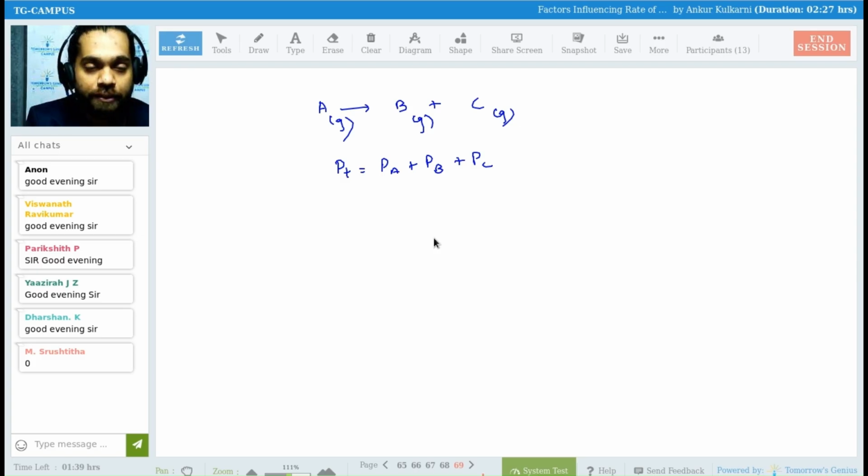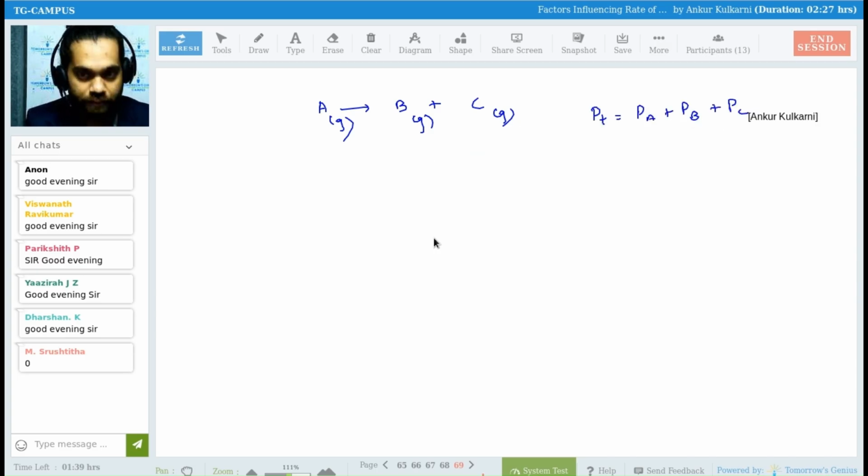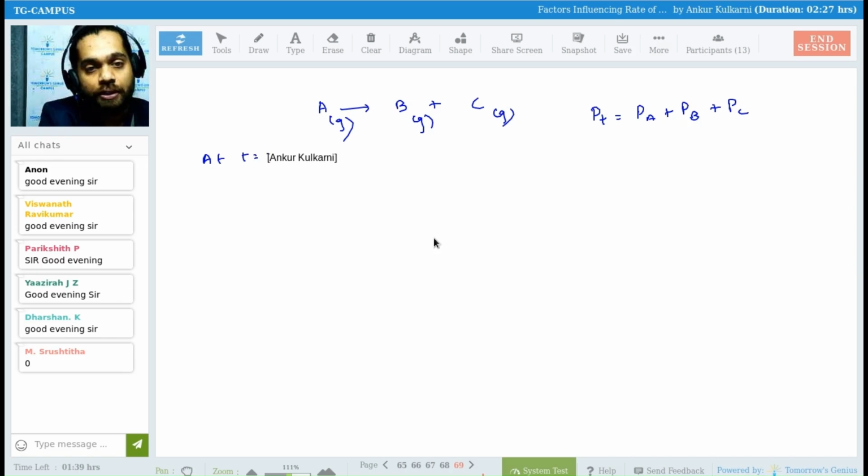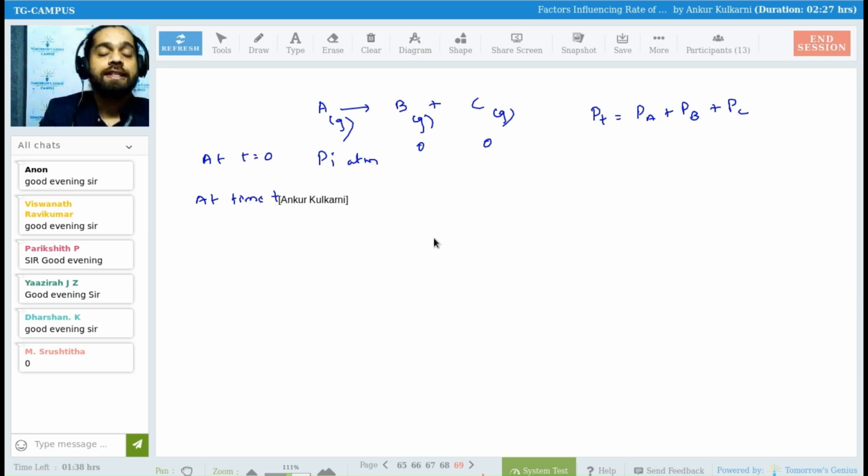Let us say initially you have not started any reaction, at T is equal to 0. What will be the pressure of A? Let us say the initial pressure. Now the reaction has not started, so B and C will be 0. Now the reaction is started at time T. Let us say some amount of reactant has reacted to form the product.